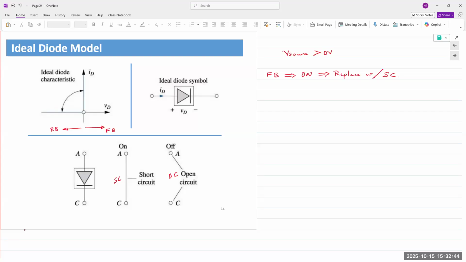Under these assumptions, under these conditions, our diode voltage must be 0 volts. And our current ID must be greater than 0 amps. Okay. If it's on, it's conducting current. So current must be positive.